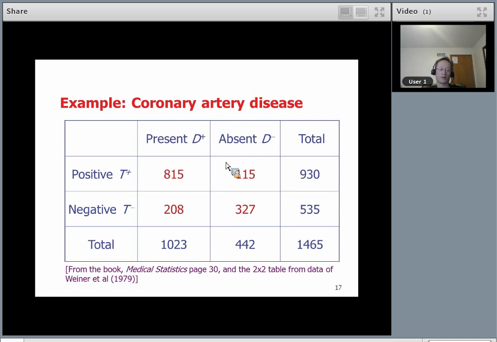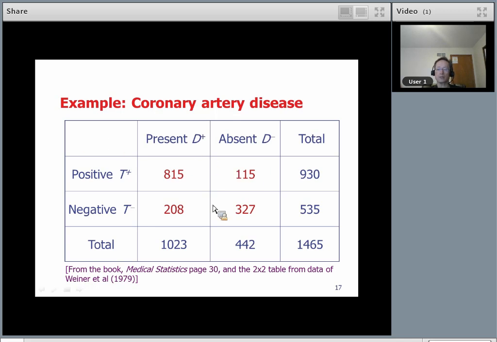So when a person is actually tested positive, how likely is it that this person really has the disease? That's really important, because a doctor will use that to make decisions, or at least decide whether the patient is likely to have a certain disease or really needs a certain type of treatment.